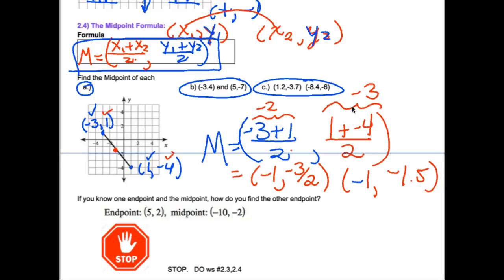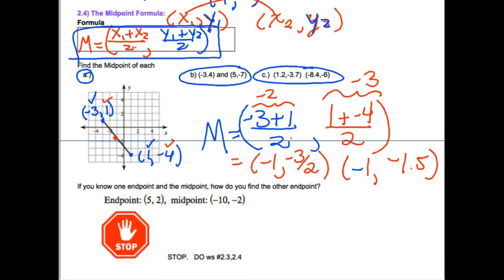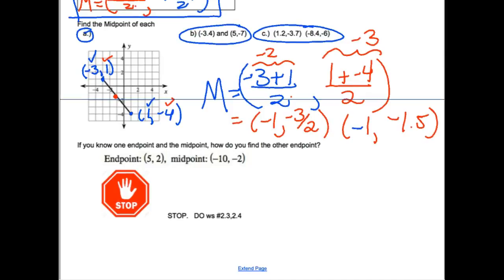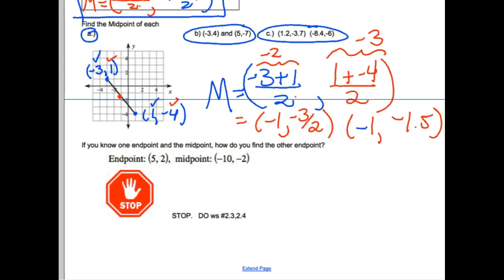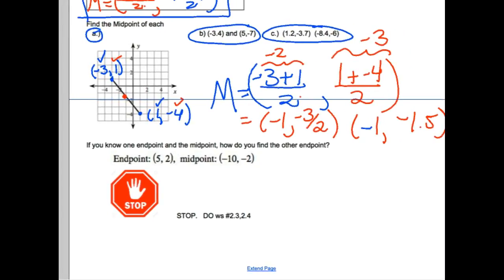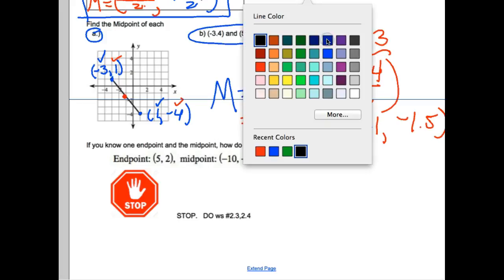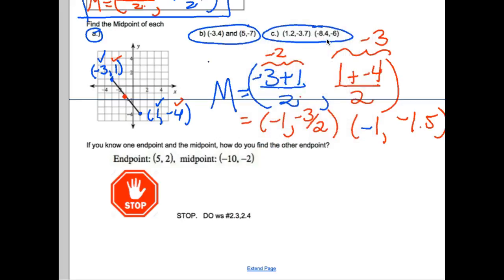Now, if you're using your calculator because you struggle with negative numbers, which is just fine by me, if you want to use a calculator, go ahead. But if you're going to enter on your calculator for this formula, be careful how you enter it, because let's suppose you wanted to get in the middle of, say, a negative 11 and a 42.